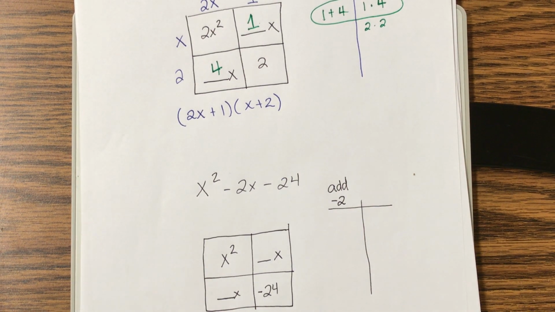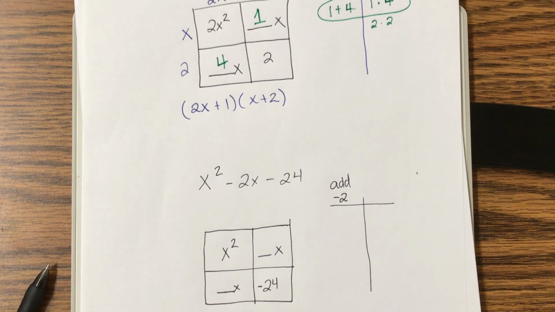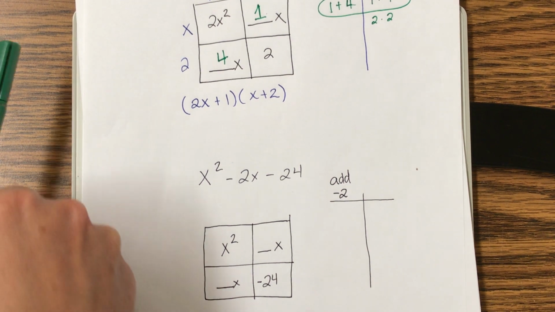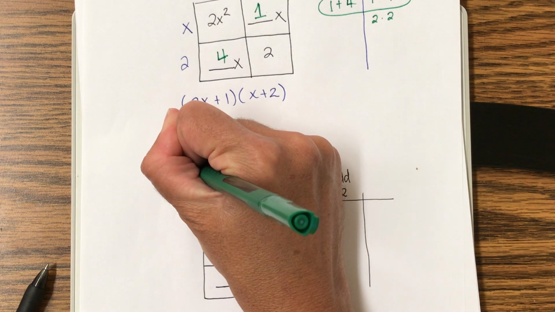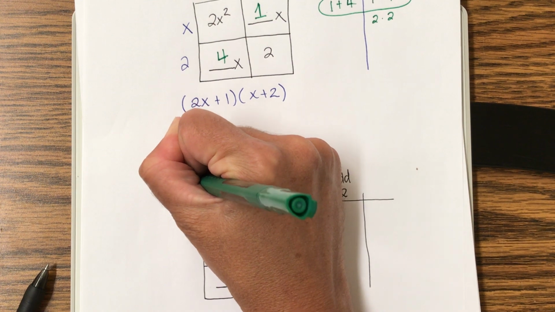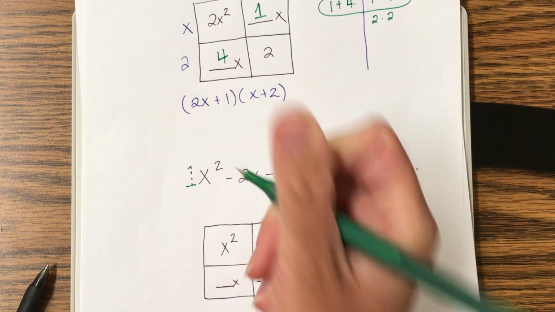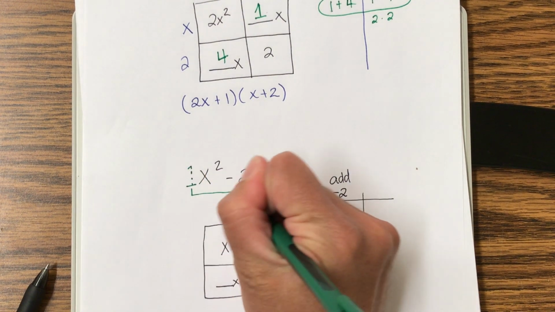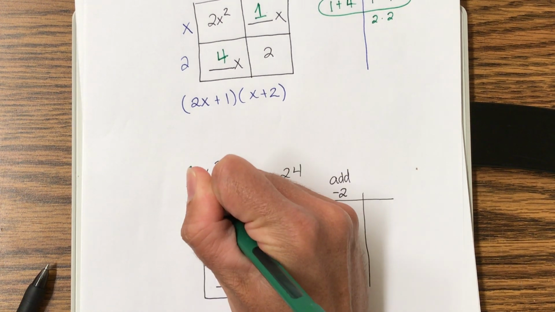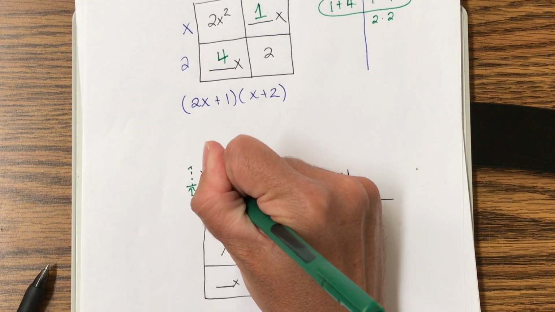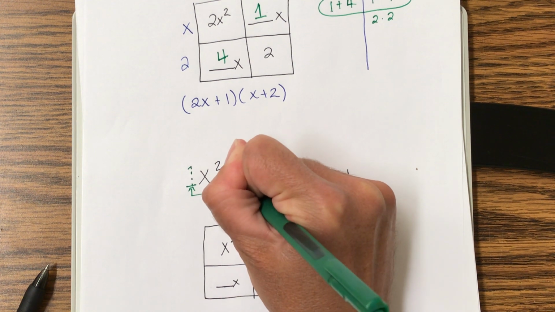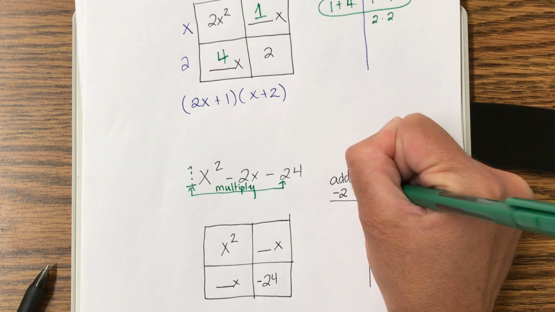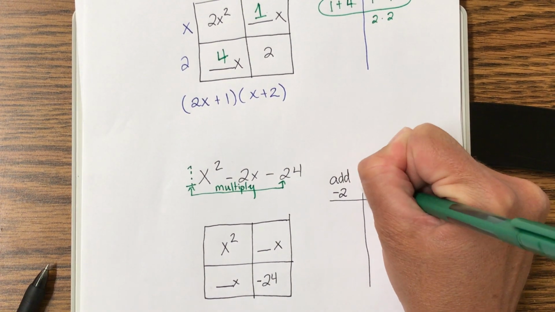So now notice how I don't have a number in front of the x squared. Well, when there's not a number there, really there's always that indicated 1. So now I'm going to multiply 1 and negative 24, which is negative 24.